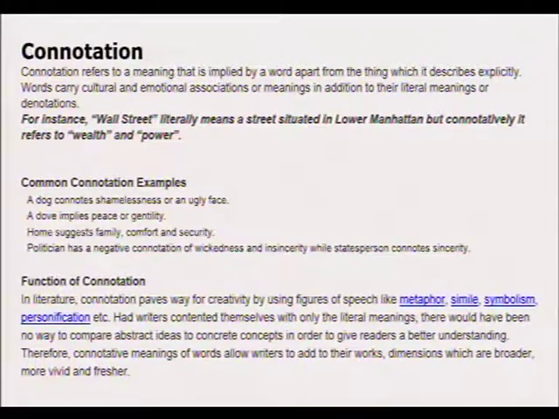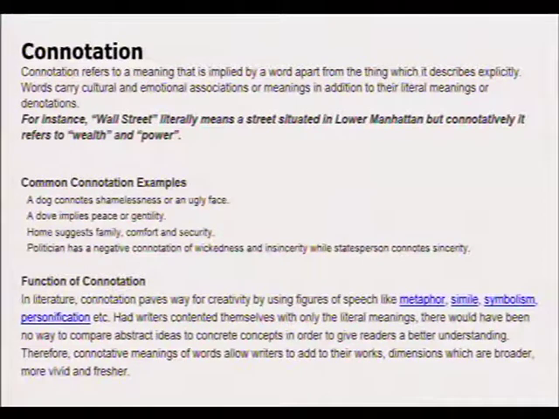A dove implies peace or gentility, meaning it's gentle or it's peace. So a white dove, and usually white as well, would mean that there's a serene innocence about it. Home suggests family, comfort, and security. If you speak about a home, you automatically would think it's a safe place, it's your comfort zone.